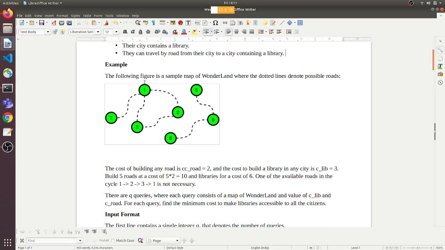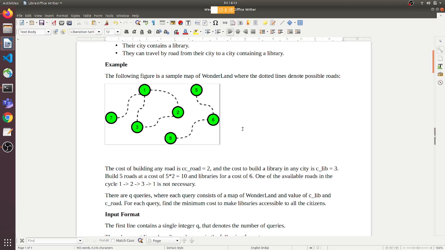So for example, if this is the map of the Wonderland, and there are these cities 1 to 8, denoted by the circles, and the dotted lines between the cities are actually the possible roads. So roads that you can construct, but currently there are no roads between the cities. Currently there is no library also.